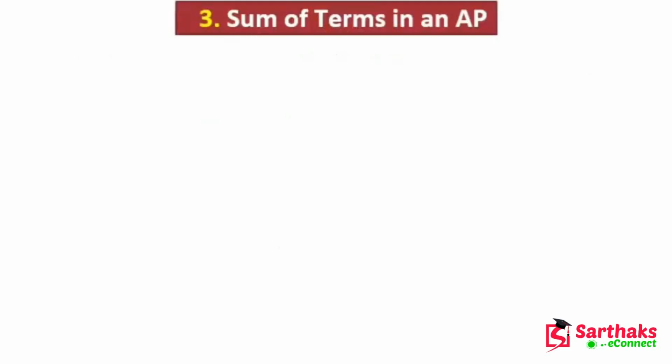Now today we will discuss the sum of terms in an AP. What is the sum of terms in an AP? Friends, you have to listen very carefully. Let's suppose we have an AP like 1 plus 2 plus 3 plus 4 plus 5.